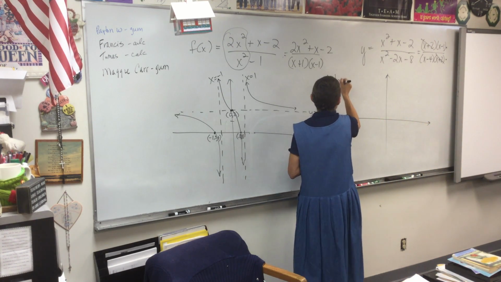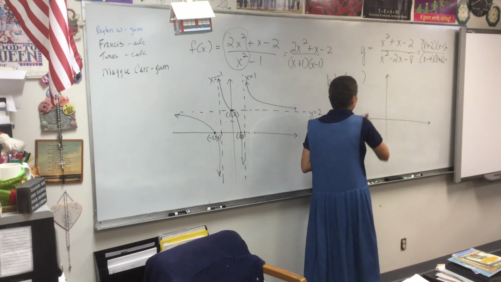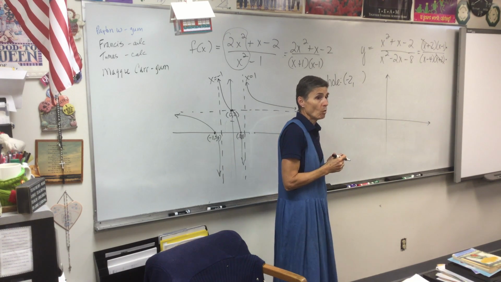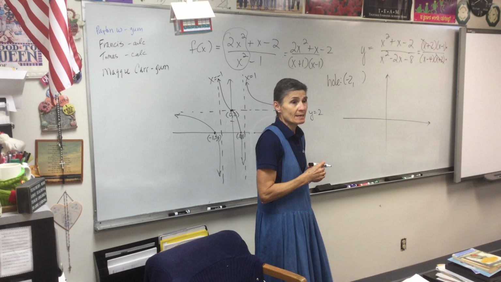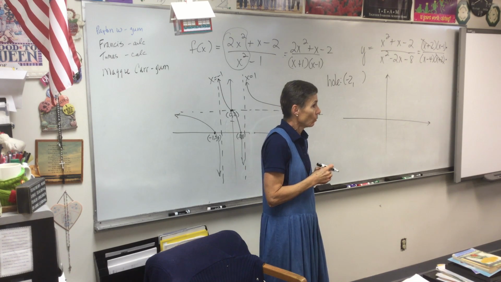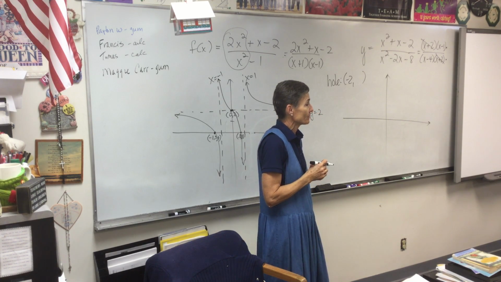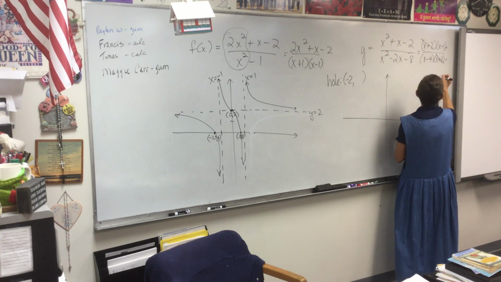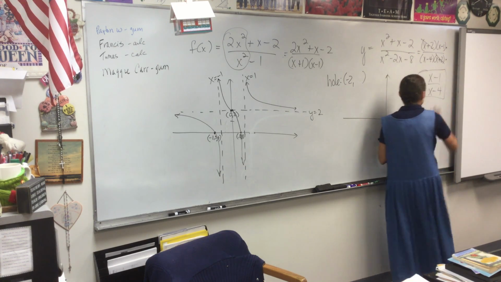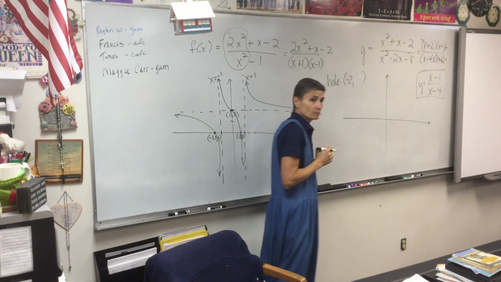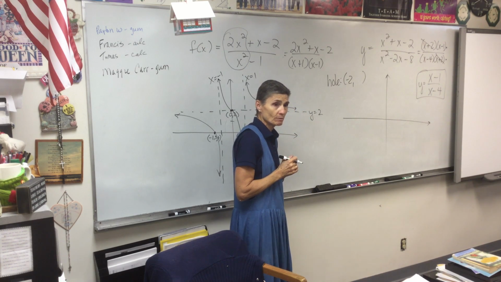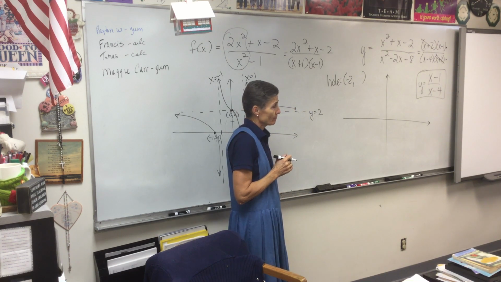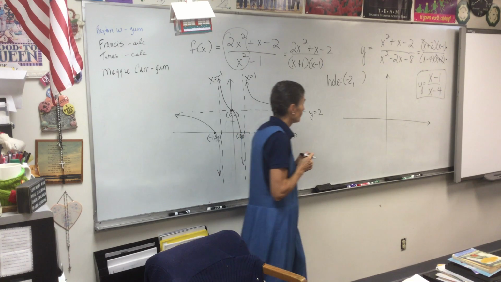At -2. So I need to plot that point, which means I have to figure out my y coordinate so I know where to put the point. Plug in -2. So I plug in -2, and when I plug it into my new problem. This is my new problem now, because I canceled the rest of it out. So here we go.